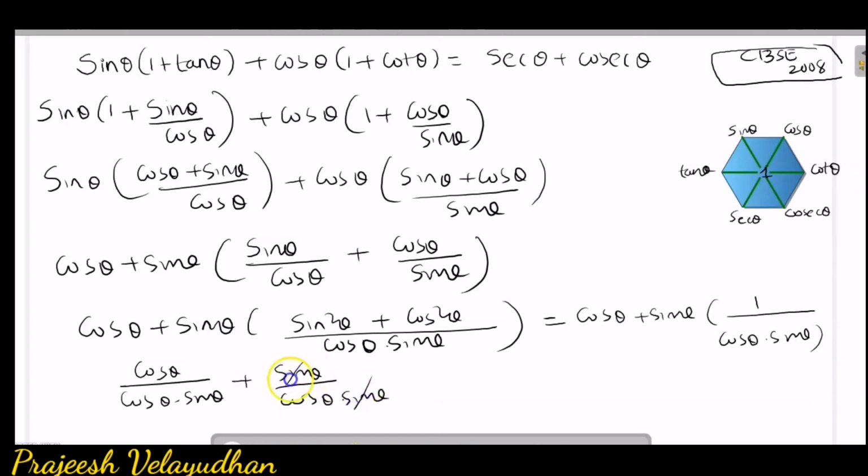Now sin and sin we can cancel, cos and cos we can cancel. 1 upon sin theta is cosec theta, plus 1 upon cos theta, that you can write as sec theta. So look here, this is our RHS. We proved it. So today's 5 questions we completed. Practice well. If you have any doubt, comment it. Okay, thank you.